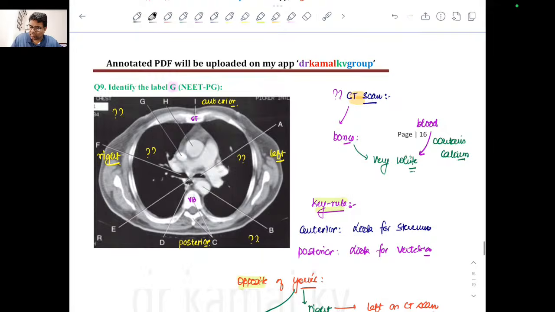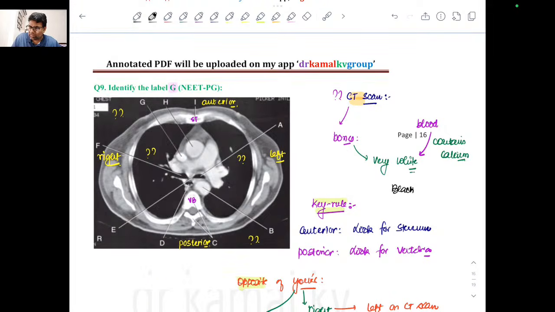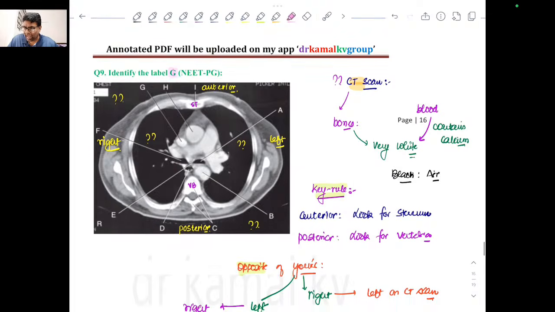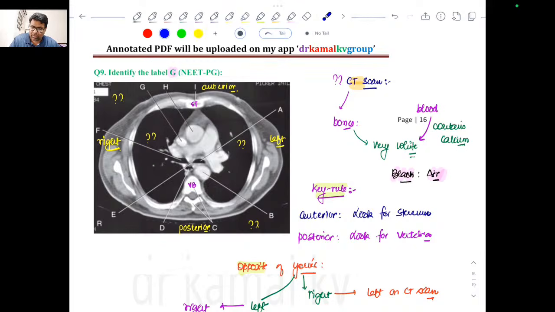Black means air. Obviously this is the air in the lungs and this is air in the room. Clear? So black is air, very good Kakul. Black air, white bone or anything related to blood which contains calcium, right?